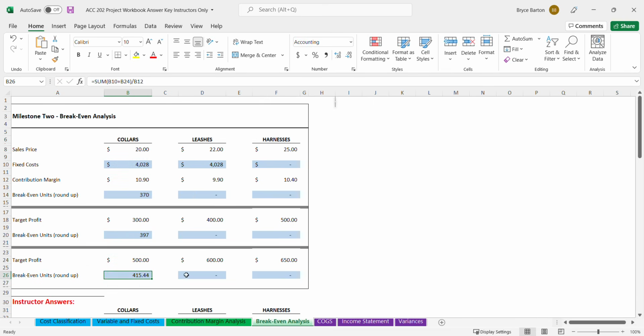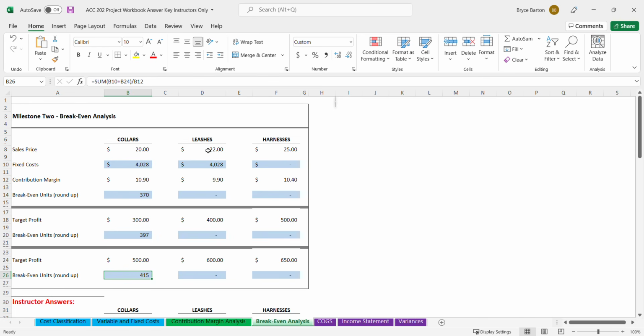Now the instruction said it wants it in whole numbers because we can't sell 0.44 of a collar. We have to sell whole units of the collar. So I'm just going to decrease my decimals, and it's 415. Once we sell 415 collars, that's our break-even plus our target profit of $500.